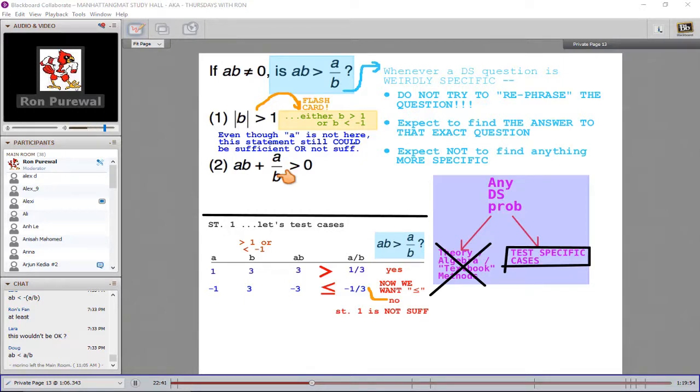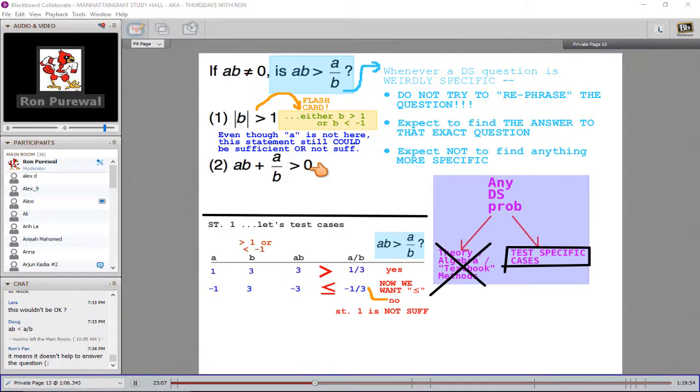You can't just magically move AB over there. If you moved AB over here, it would have a negative sign in front of it. You could move one of these two pieces over there, but it's not really going to help you. If you look at the result, it's not going to have any intuitive meaning that this doesn't have.